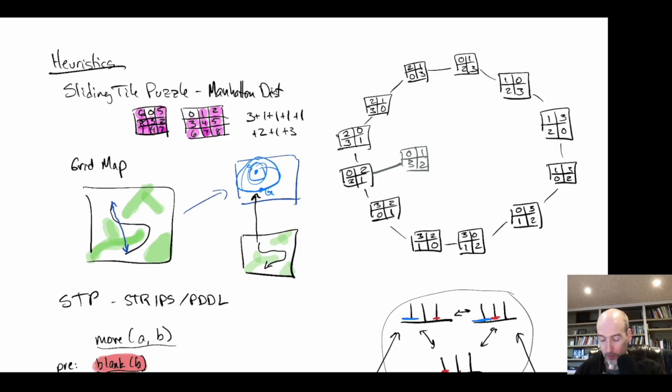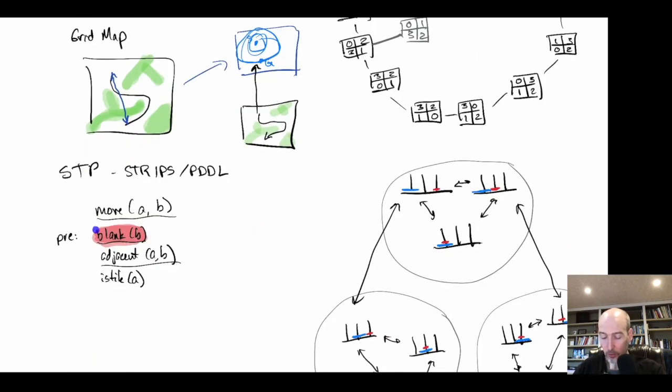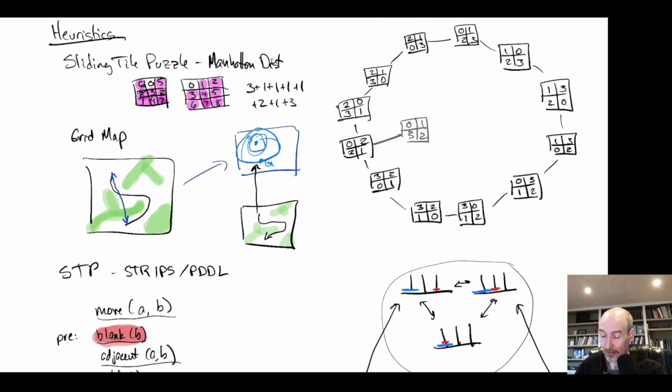So here, when I try to make a new state space or an abstract state space by relaxing my operators, what happens is I actually create a state that wasn't reachable in my original state space, but is reachable here. And now I'm actually going to grow the size of the state space. So that could be problematic.